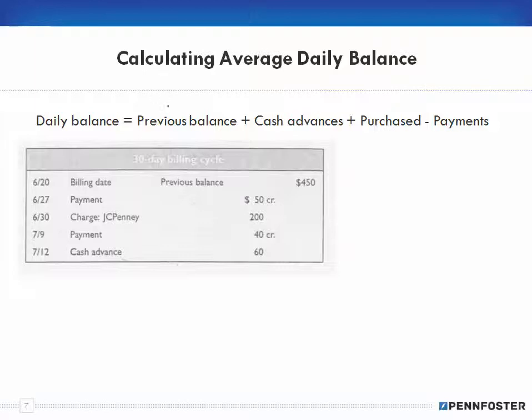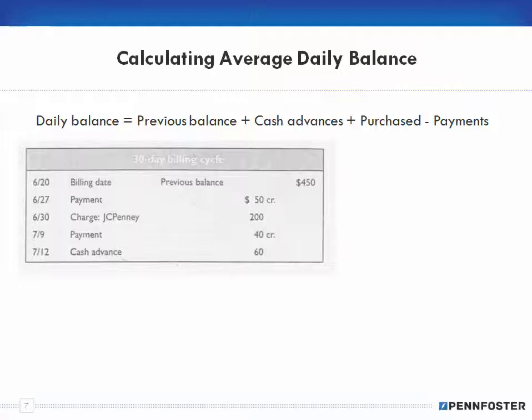The previous balance is the beginning balance, and cash advances, that's borrowing cash, which you can also think of in terms of purchases, because borrowing a cash advance is the same as buying something anyway. And then, of course, you're subtracting out payments. Now, you have to consider how many days are in between each transaction that occurs.